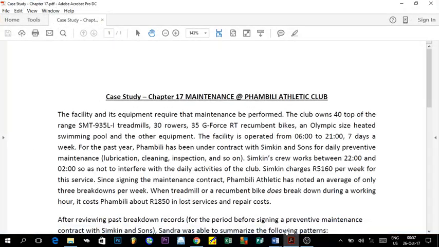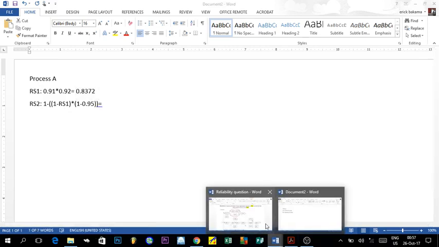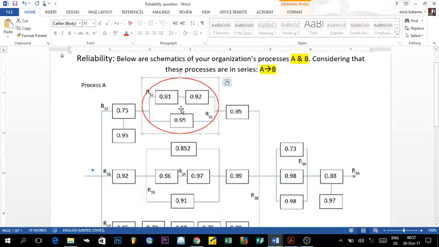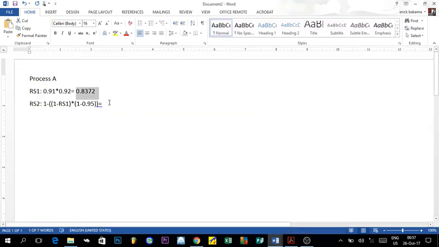In this case, the value of errors1 is already given, we found it, which is 0.8372. So errors2 is made of two components, errors1 and 0.95. Errors1 we already found. Now if you replace errors1 in the formula, you will notice that errors2 gives you a value of 0.9919.